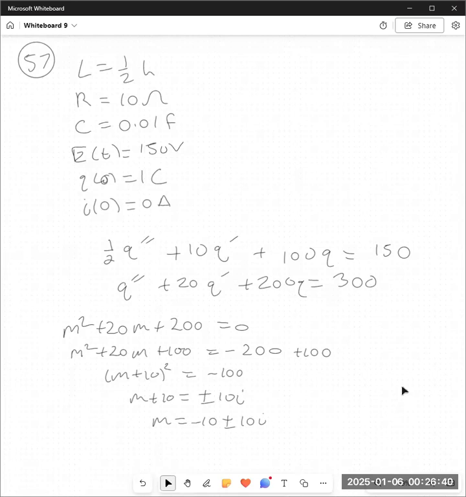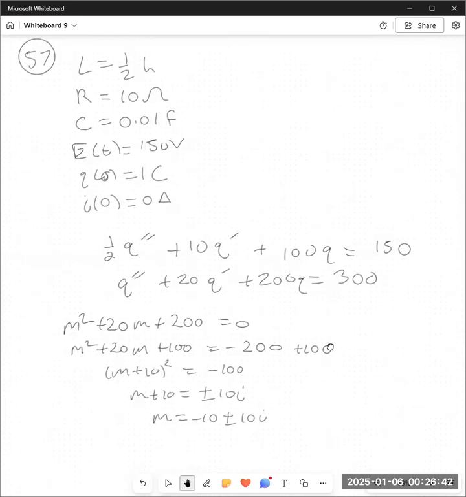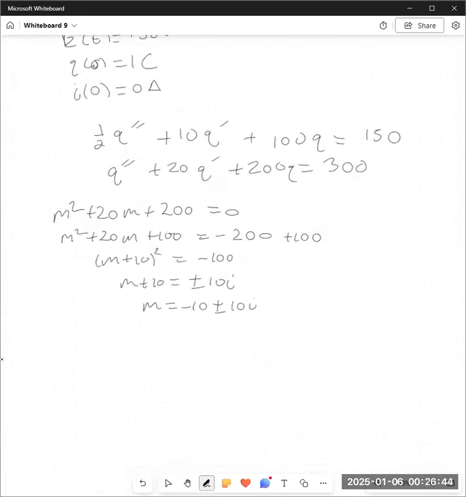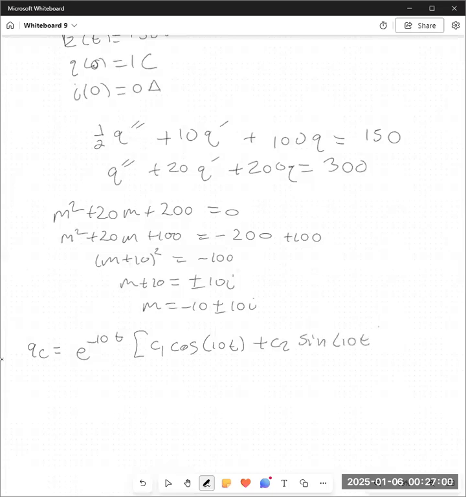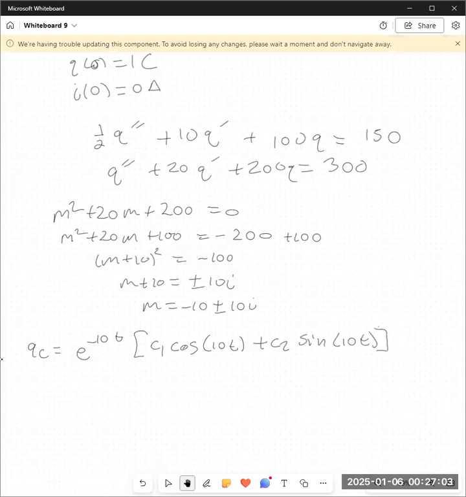Writing my complementary solution for my charge, Qc is going to be equal to e to the negative 10t times C1 cosine of 10t plus C2 sine of 10t. And then we want to go ahead and find the derivative of this while we're here.